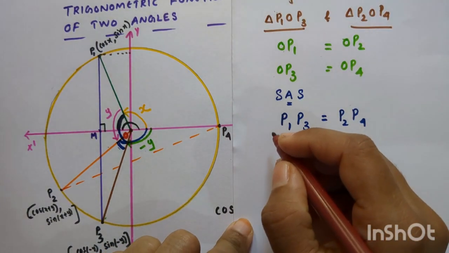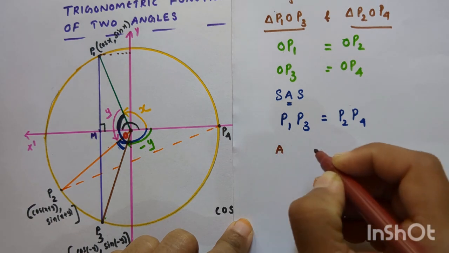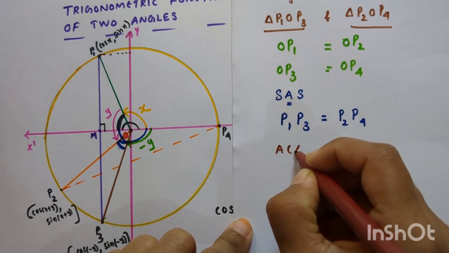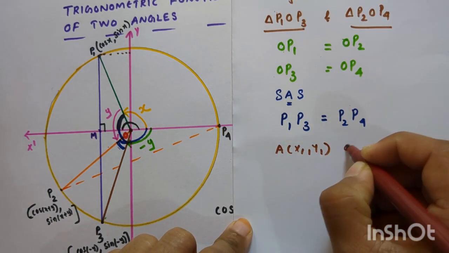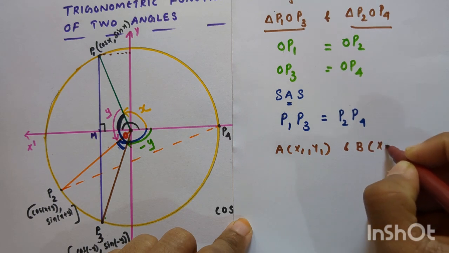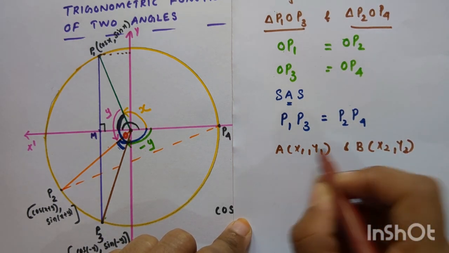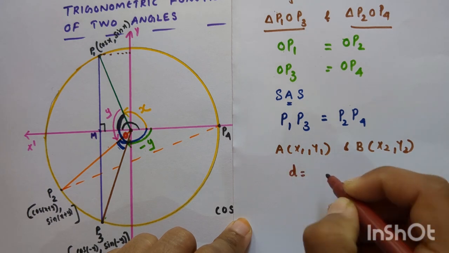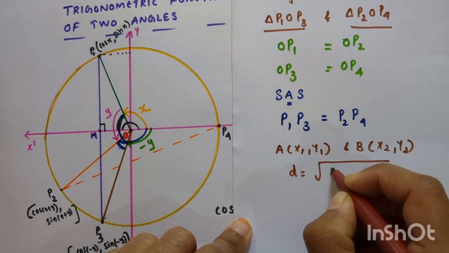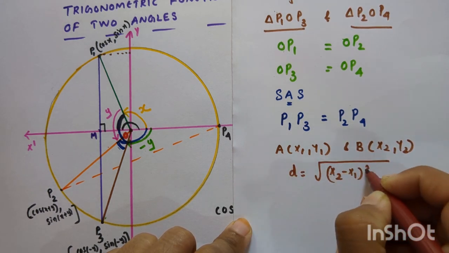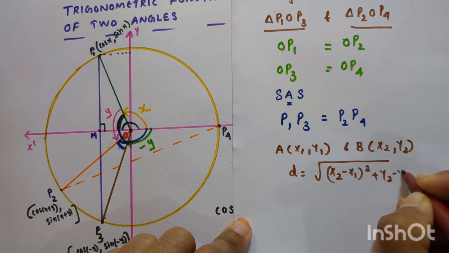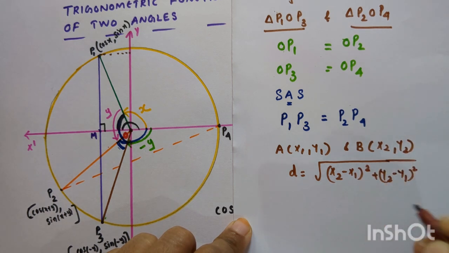Now when we consider 2 points, A with coordinates x1, y1 and B with coordinates x2, y2, then the distance between these 2 points will be equal to the square root of x2 minus x1 all square plus y2 minus y1 all square. This is the formula.